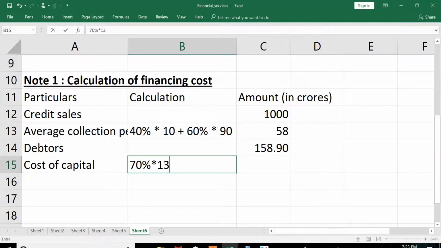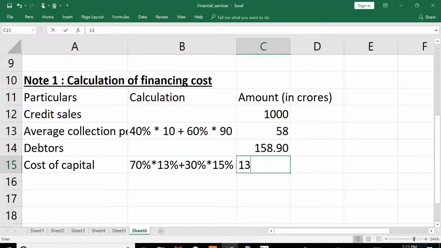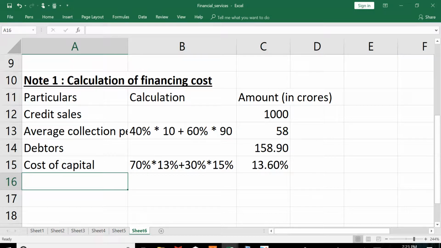So 70% into 13 plus 30% into 15. Effectively it's 13.6%. Your cost of capital is 13.6%.